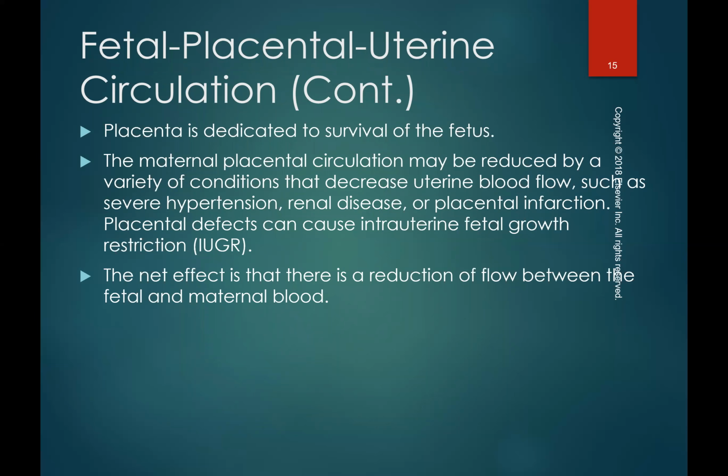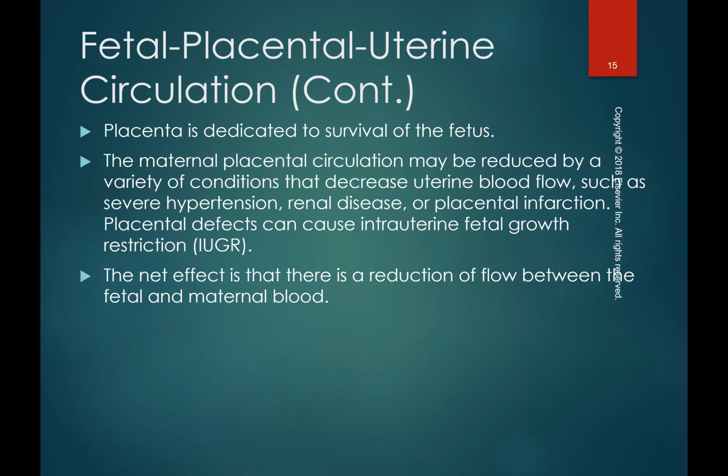The placenta is dedicated to the survival of the fetus. The maternal placental circulation may be reduced by a variety of conditions that decrease the uterine blood flow, such as severe hypertension. If the mom's hypertensive, the blood's not going to be getting to the placenta as much, and that could cause intrauterine growth restriction in the baby.